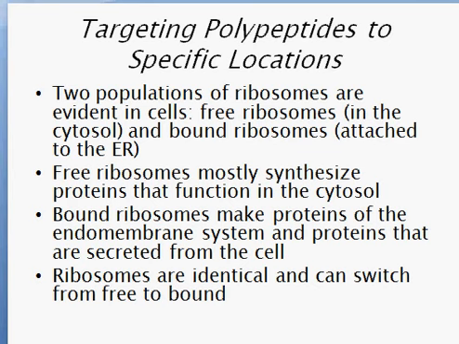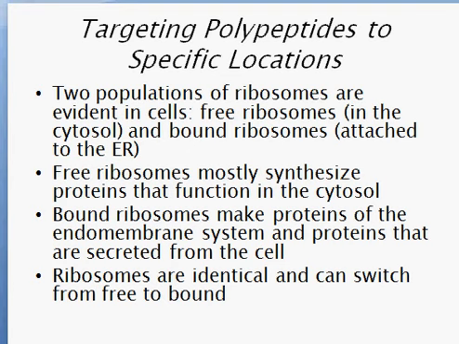But these bound and free ribosomes are identical, and they switch from being free to bound. So much of the attachment of a messenger RNA to a ribosome, most of it occurs in the free ribosomes floating in the cytosol.